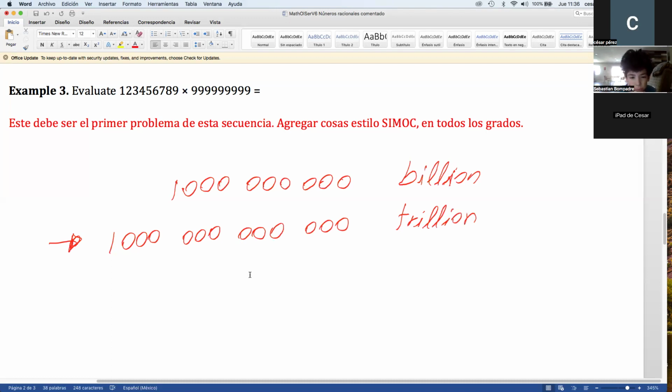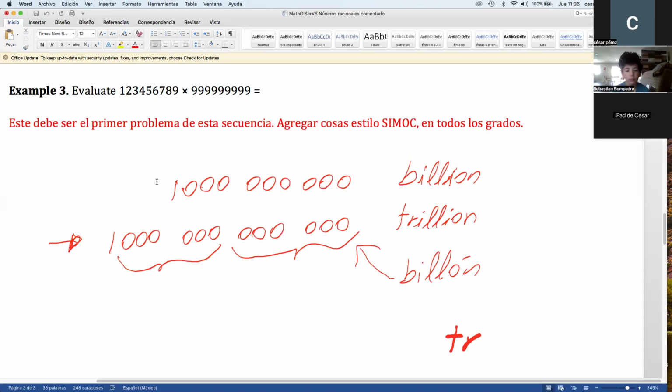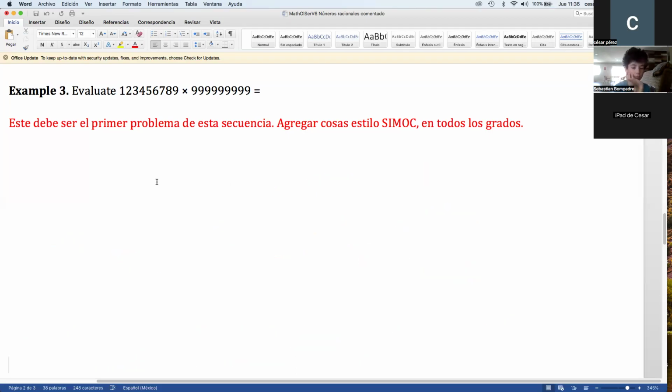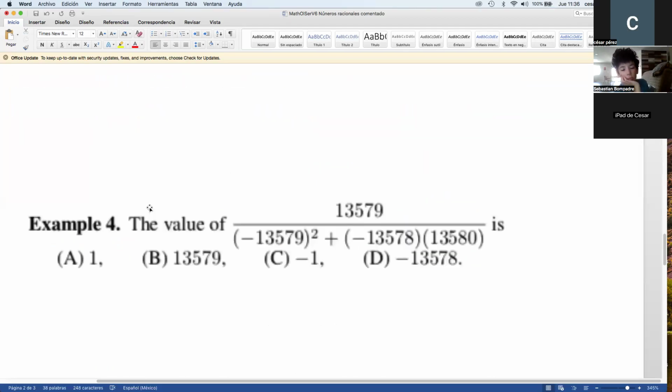You multiply every number by 1,000. Yes. In Mexico, this is un billón. We multiply it by 1,000,000. This is billón and trillón. We call it trillón with this one. It's only one strange thing that we use in the numbers.